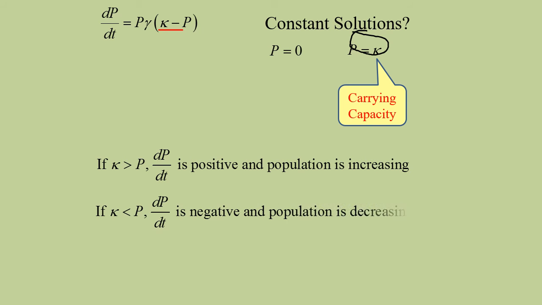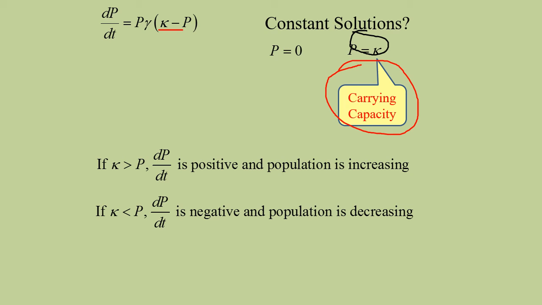If we start out with a population that's larger than kappa, then kappa minus P will be negative, dP/dt will be negative, and the population will be decreasing to the constant kappa. So that's why we refer to the constant kappa as the carrying capacity.